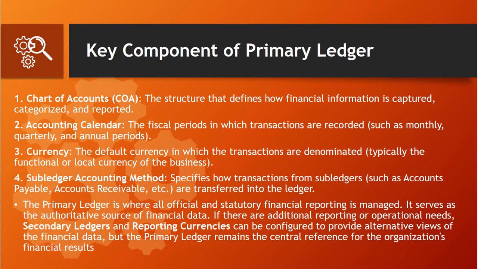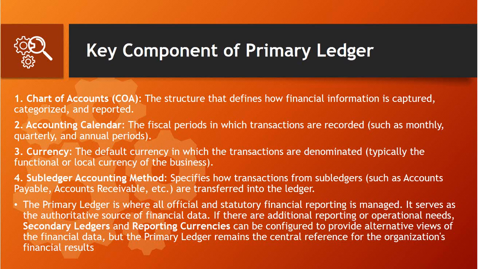There are four key components of the primary ledger. When we set up a primary ledger, these components are required. First, the chart of accounts, the structure that defines how financial information is captured, categorized, and reported.